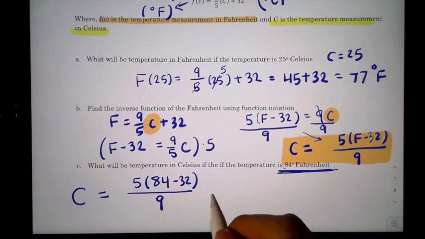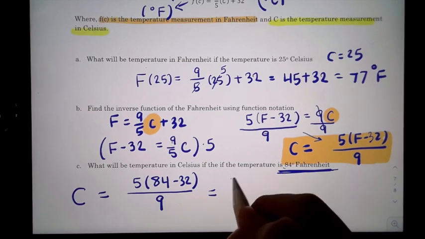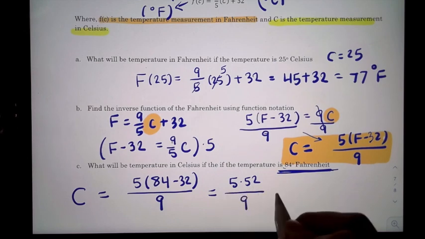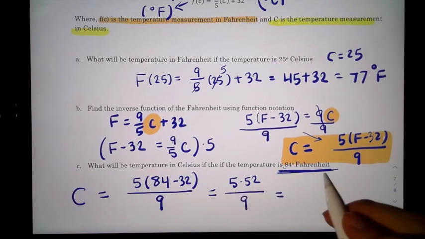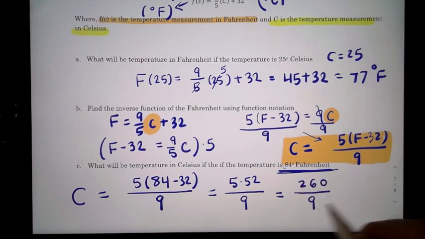When you calculate this, 84 minus 32 gives 52. 5 times 52 divided by 9. 5 times 52 is 260 over 9.